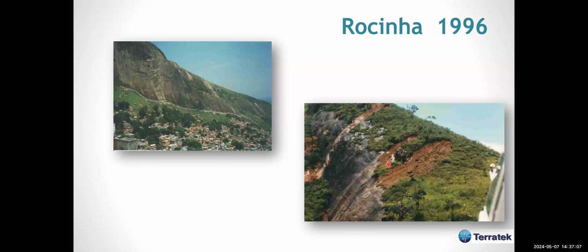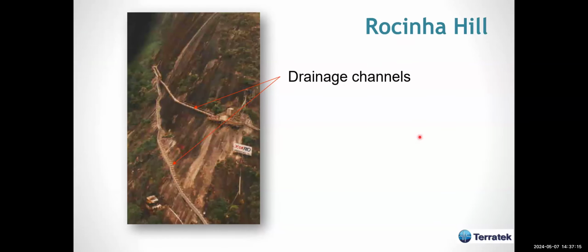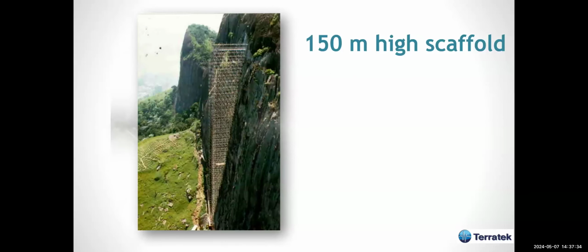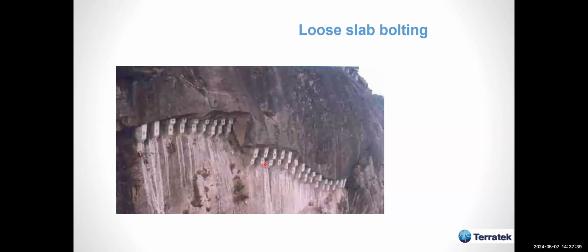But even though the rainfall was so severe that led to these accidents, at Rocinha Hill, they put these channels late after this accident, and there was a loose slab, and they fixed this loose slab. This was the highest scaffold I've ever seen, 150 meters tall, just to fix this loose slab.